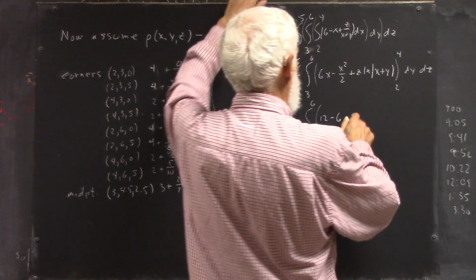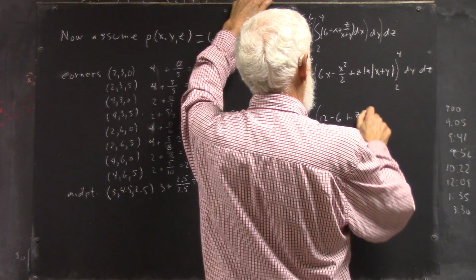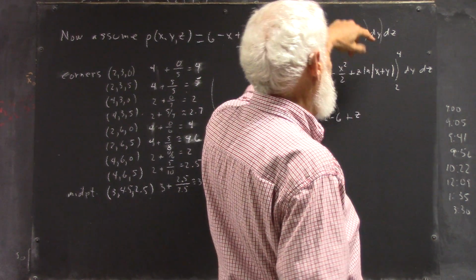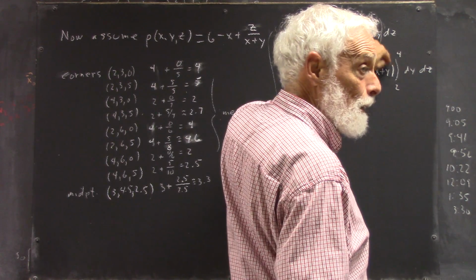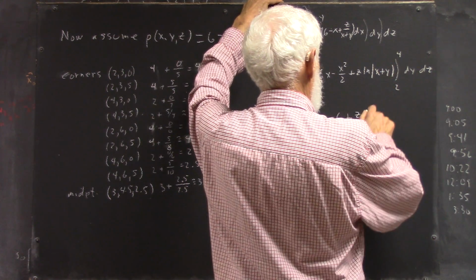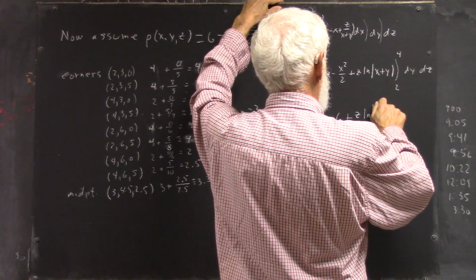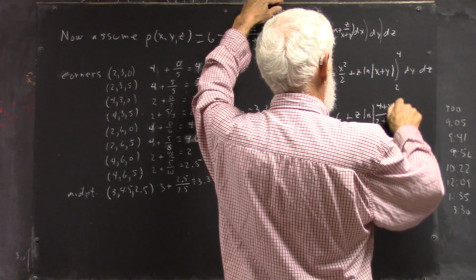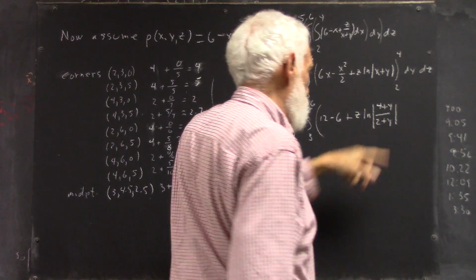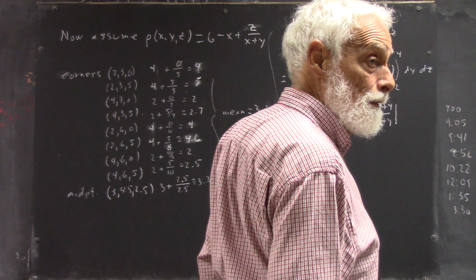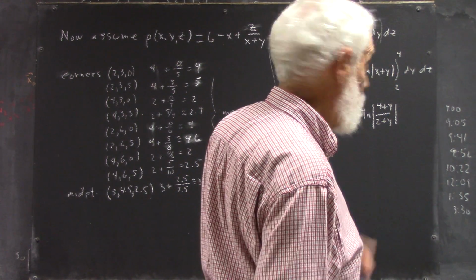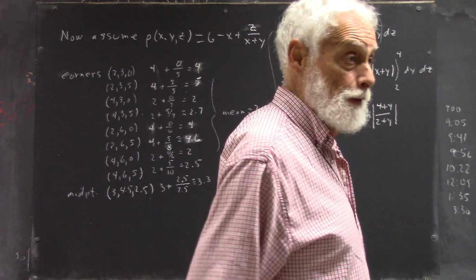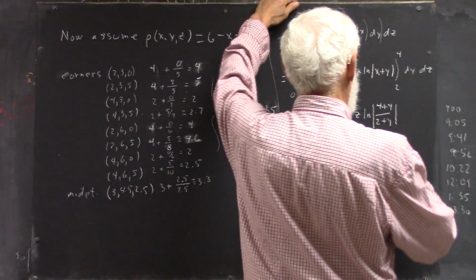And then we have z times the natural log of 4 plus y minus the natural log of 2 plus y. Well, that's the natural log of the absolute value of 4 plus y over 2 plus y. Now we're probably going to break that apart into a difference of 2 natural logs when we integrate it, because it's simpler than trying to worry about that rational function. Could be done either way.